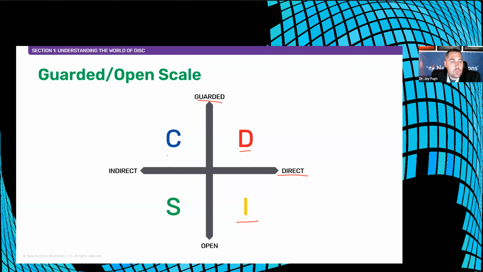S's and C's, when we get to a C style, they are more indirect but guarded, which means they just want to get the facts. Here are the facts. Here's what we know. Feelings aside, we're not going to get into feelings or empathy right this second. That is guarded but indirect. And S's are very open but indirect.